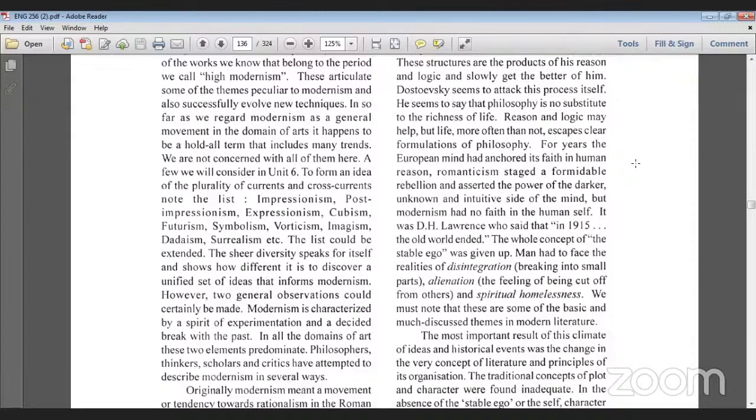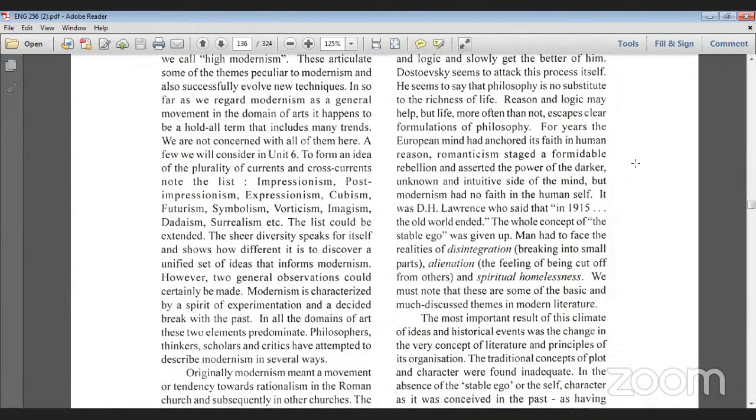Okay, so further we are going to see the characteristics. Modernism is characterized by a spirit of experimentation and a decided break with the past. Okay, now there is again a break with the past in all the domains of art. These two elements predominate. Philosophers, thinkers, scholars, and critics have attempted to describe modernism in several ways.